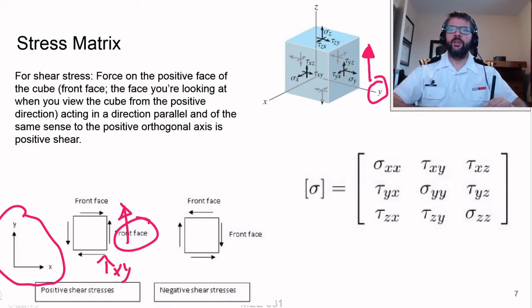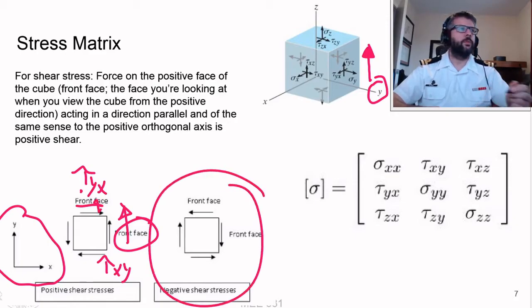Or on this face here, we've got the front face for the y, so it's a tau y, and it's acting in the positive x direction, and that's going to be positive. And then, of course, the opposite's here. We've got the tau xy, but it's negative because it's acting in the negative y direction.